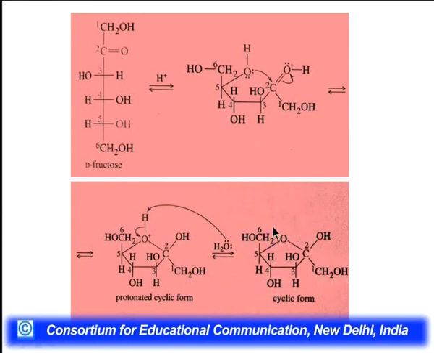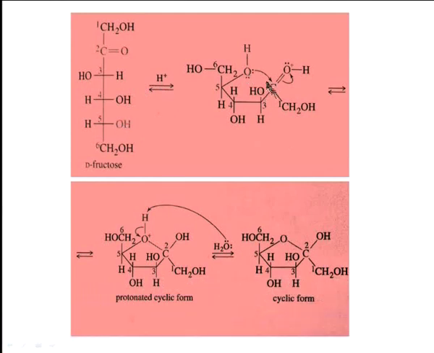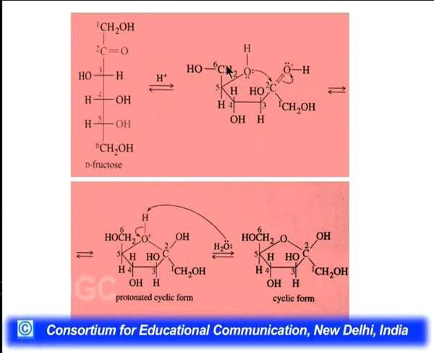Again the mechanism is the same as we did for glucose for the closing of the ring. First we rotate the ring in such a manner that the OH on the fifth carbon is facing the carbonyl group, and then we close the ring by making a bond between this oxygen and the carbon here, resulting in the cyclic form.